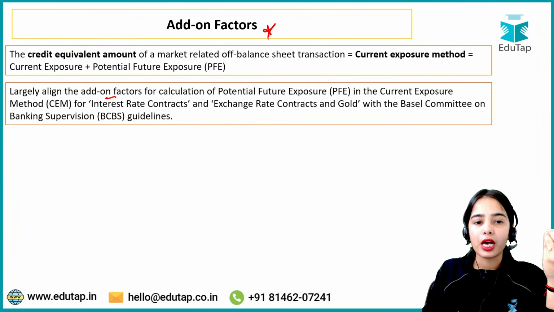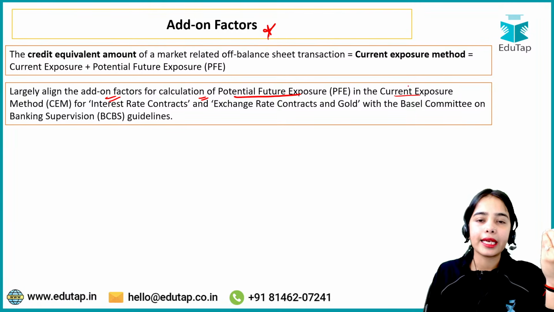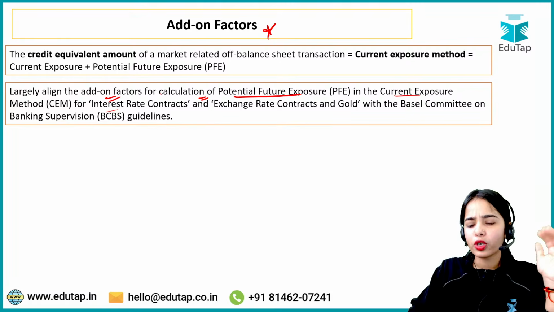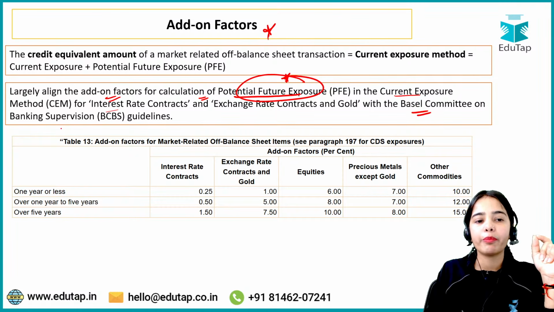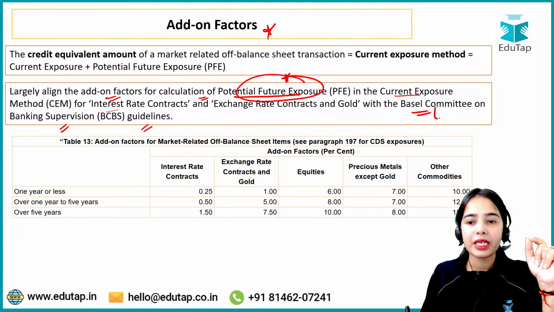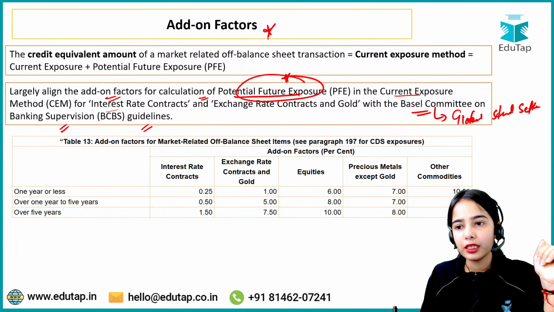Add-on factors are provided for the calculation of the potential future exposure in the current exposure method for the different contracts, so that the potential future exposure calculation can align with the Basel Committee on Banking Supervision guidelines. The Basel Committee on Banking Supervision is the global standard setter for the prudential regulation of the banks.